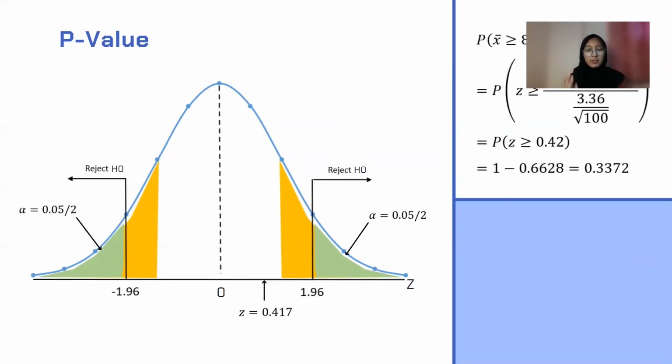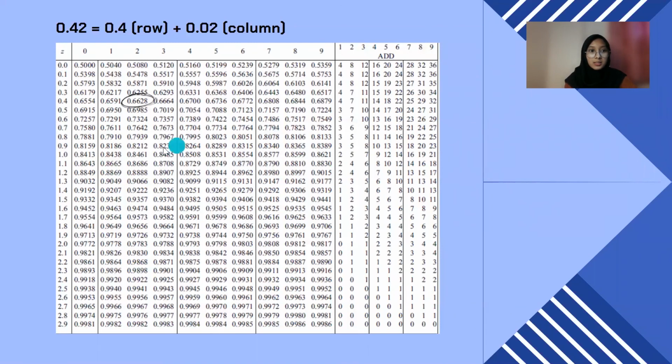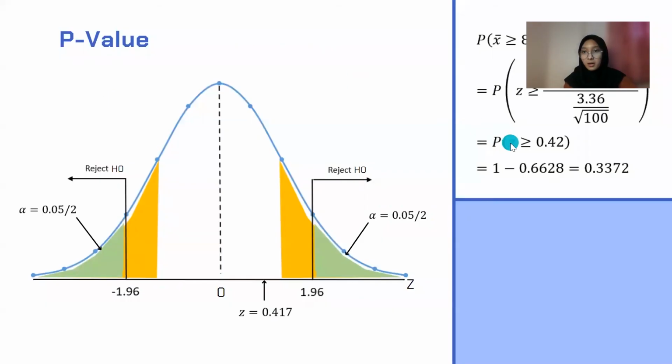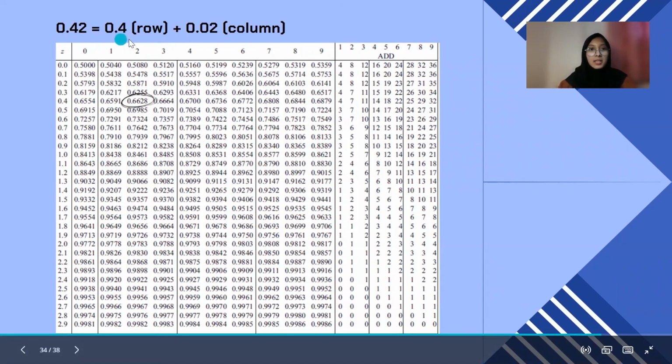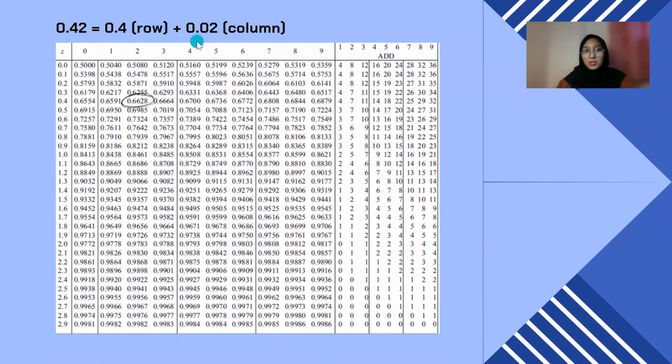Okay, so after finding the critical value, we find the p-value, or the probability, using the Z value. P with Z more than or equal to 0.42. And how do we find this probability? We are using the standard normal distribution table. We know that our Z score, or Z value, is 0.42, and how do we find that in this table? So 0.42 equals 0.4 as the row, and then 0.02 as the column.